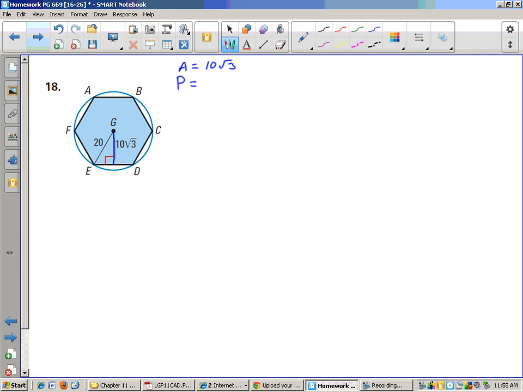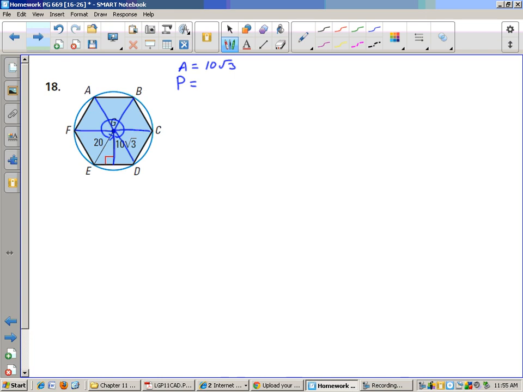How can we find the perimeter of this? Well, being that this is a hexagon, I'm going to cut it into triangles and say, what do I know about the individual triangles? They're all the same, okay. Because this is a regular shape, how many degrees does it take to go around this point in the center?